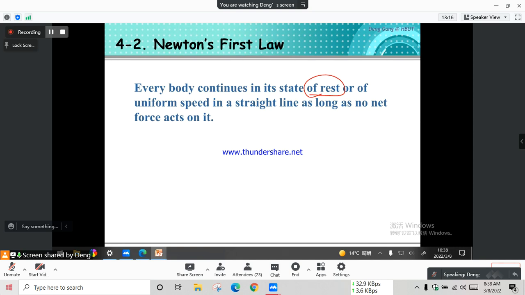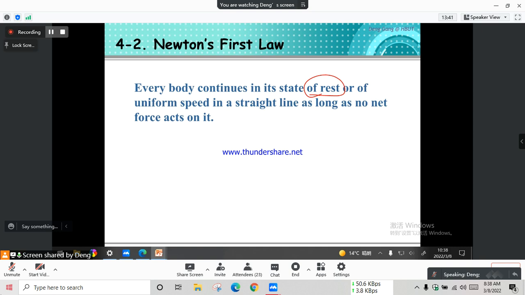Then that means I apply force on it. So they do not agree with the second part. But what they didn't realize is that they ignored the friction.